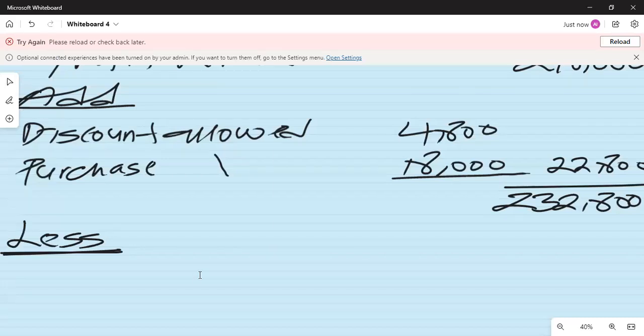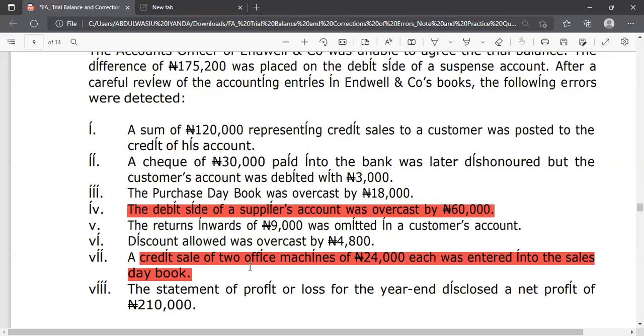Now, if you look at this item, credit sales. A credit sale of a machine for 24,000 naira was entered into the sales day book. So sales is overstated by 24,000 naira.